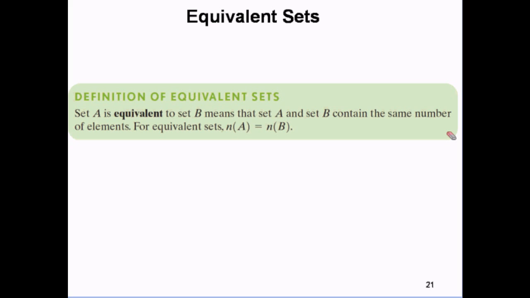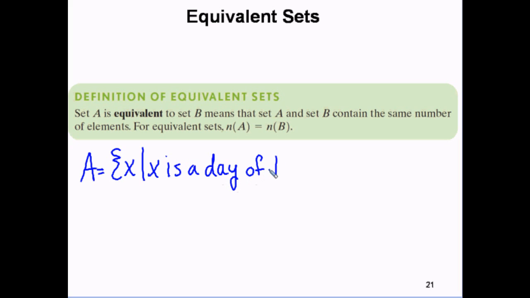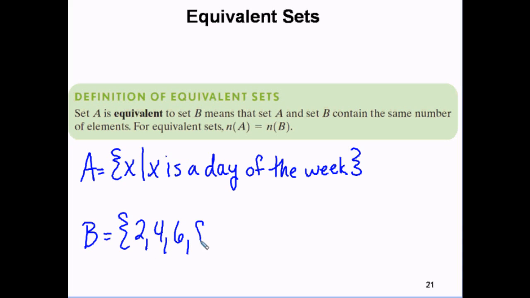So if you talked about, let's say, set A, the set of X such that X is a day of the week, it has a cardinal number of 7, and B is 2, 4, 6, 8, 10, 12, 14, which has 7 elements.